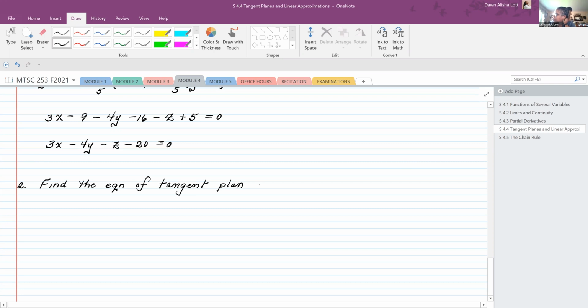Tangent plane to the hyperboloid z squared minus 2x squared minus 2y squared minus 12 is equal to 0.